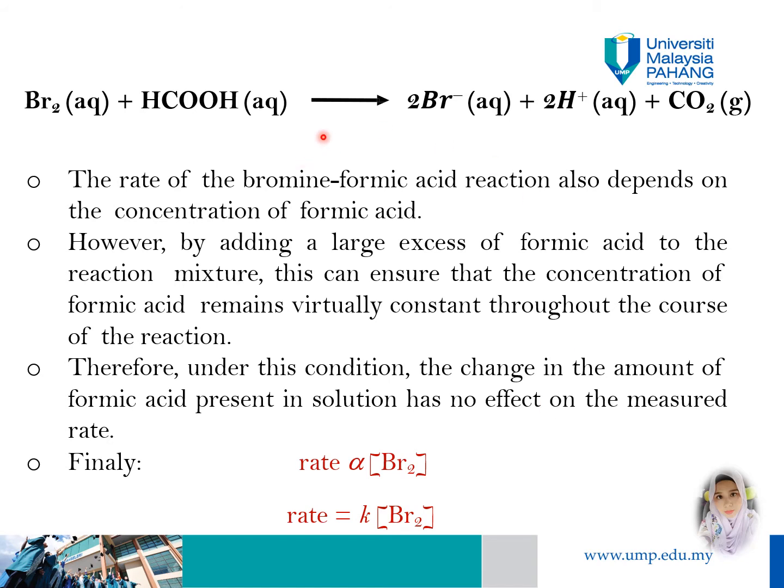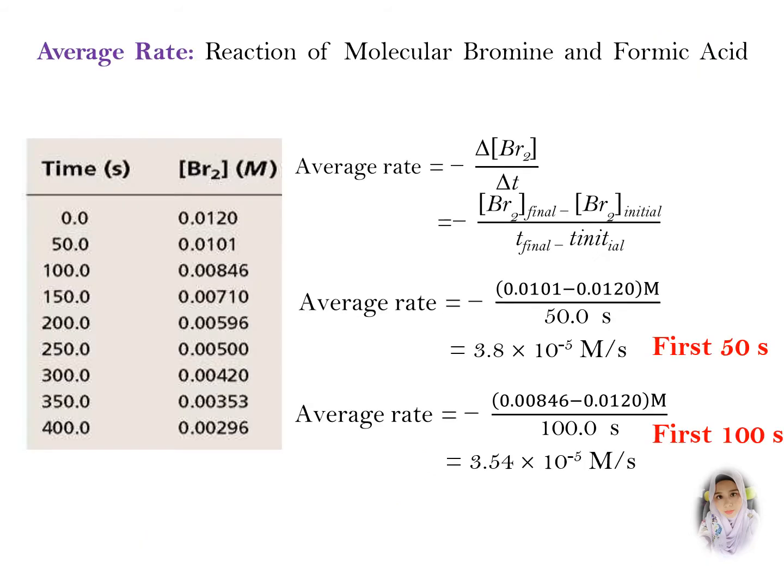It is because the reaction occurs completely between the bromine and the formic acid. So the rate is directly proportional to the concentration of the bromine.